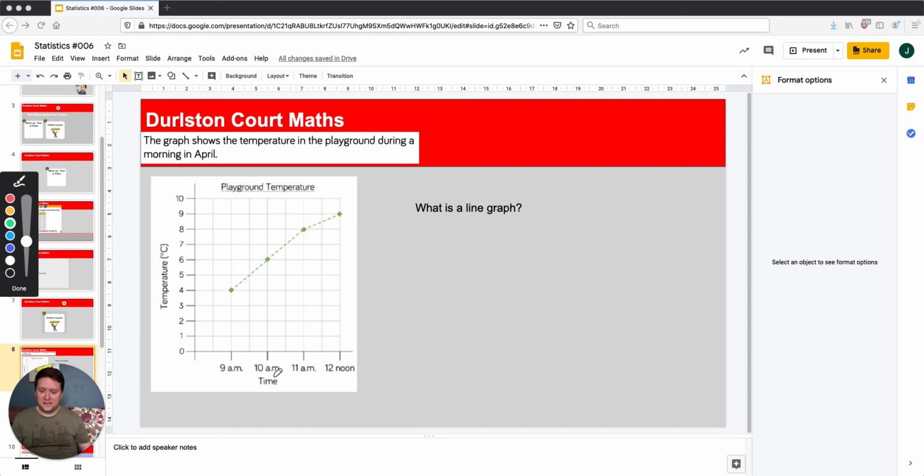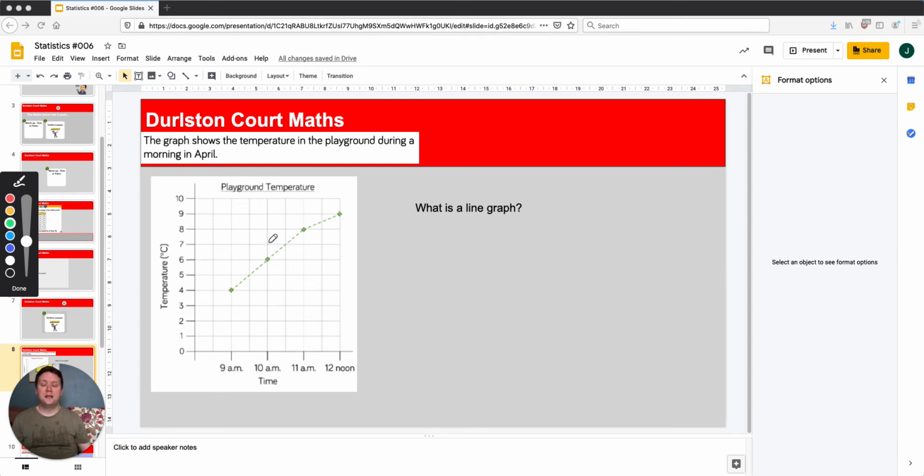If we go to 10 AM here and we travel up to where the point is on the graph and then we run across, we can see that at 10 AM it was 6 degrees. The same with 11 AM, we go up and we run across and we can see that at 11 AM it was 8 degrees.